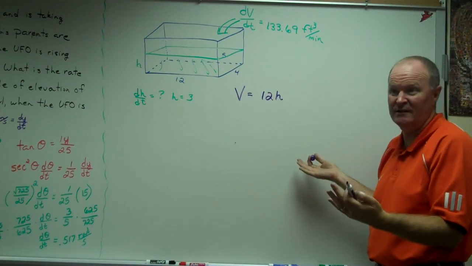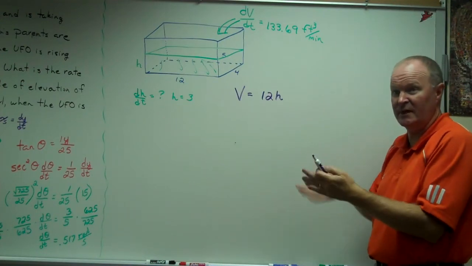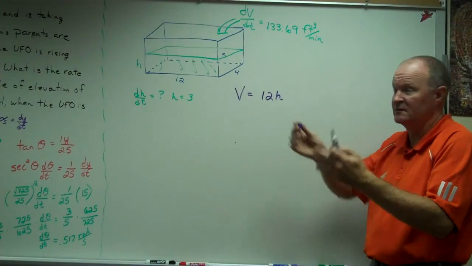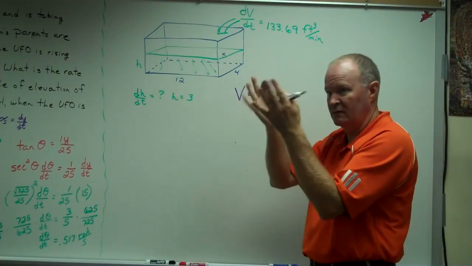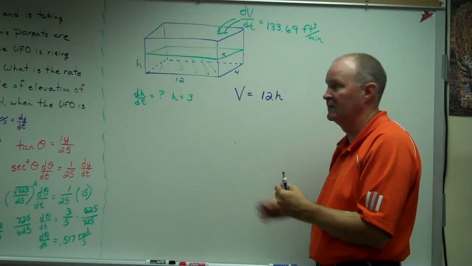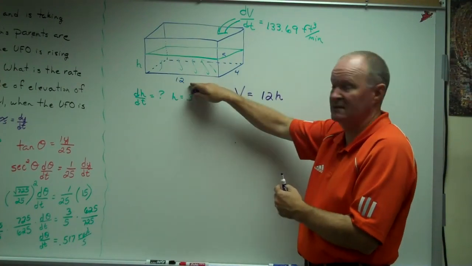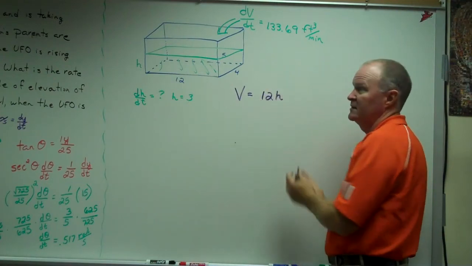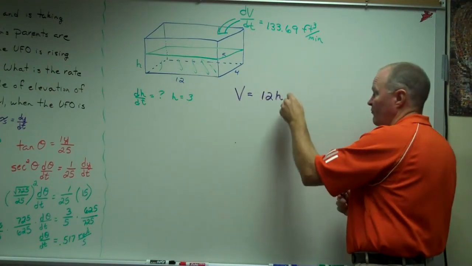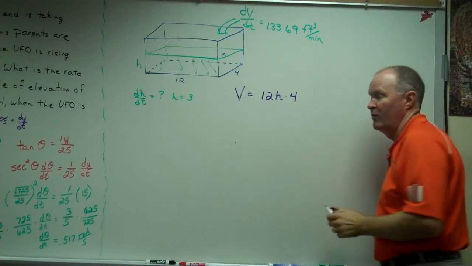It's always 12, right? In some of the problems we've done with the cones or the cylinders, they change, or they've got some different things in there when we're messing with it. In this case, it doesn't. It's still 12. So there's the area of the base. What's the depth? 4, right?